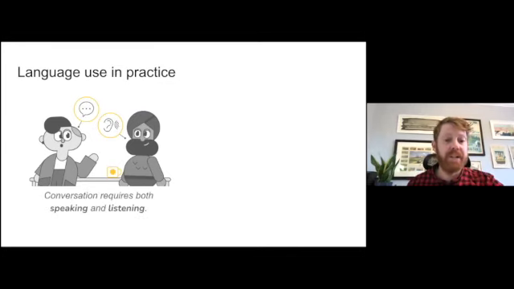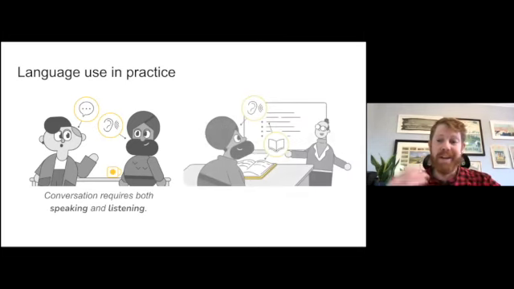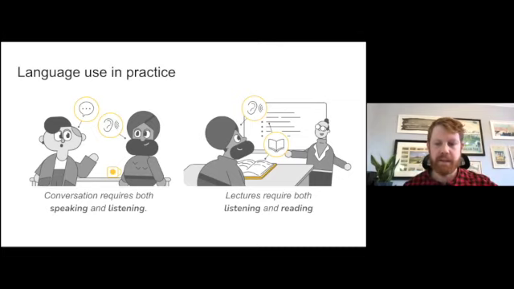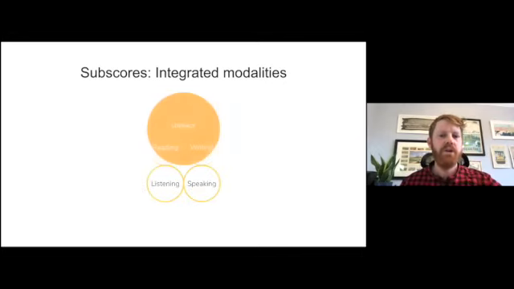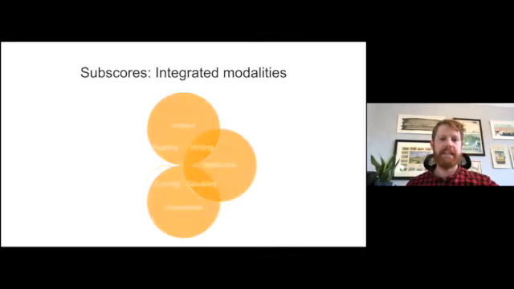When we produce conversation, it's using the speaking and the listening. When you are in a class lecture, it is requiring listening and the reading. And so we've combined some of these into what's known as integrated modalities. Our subscores use these traditional reading, writing, speaking, listening, but look a little bit further up, maybe a 20,000 foot view of how they're combined.